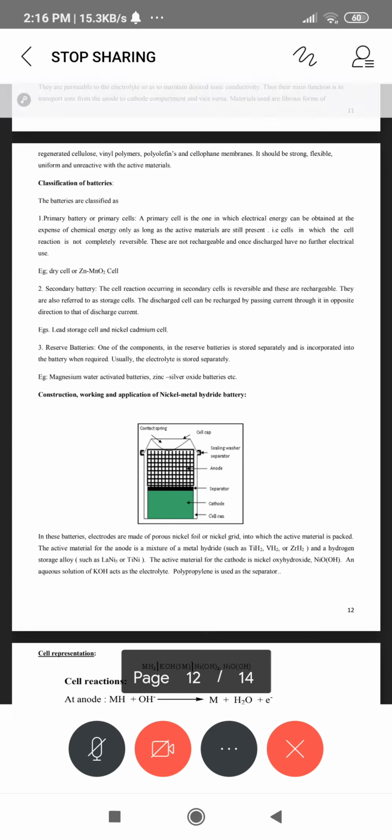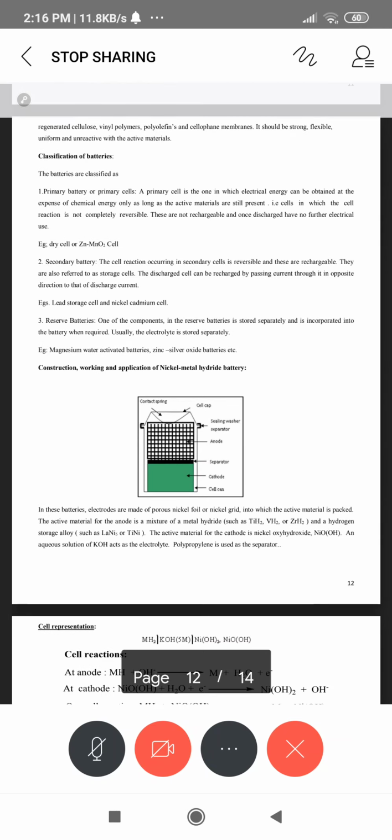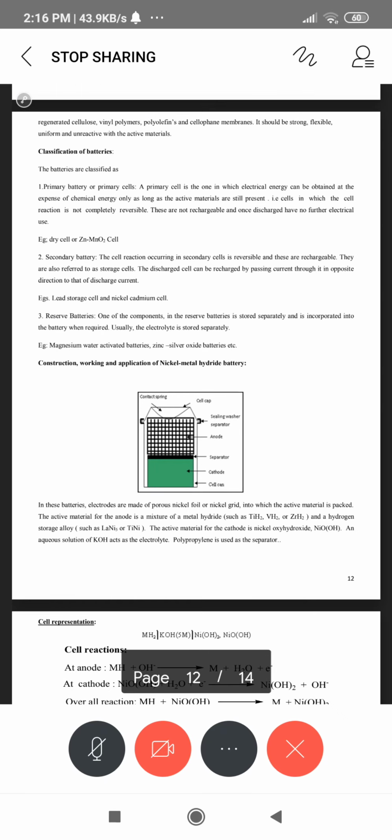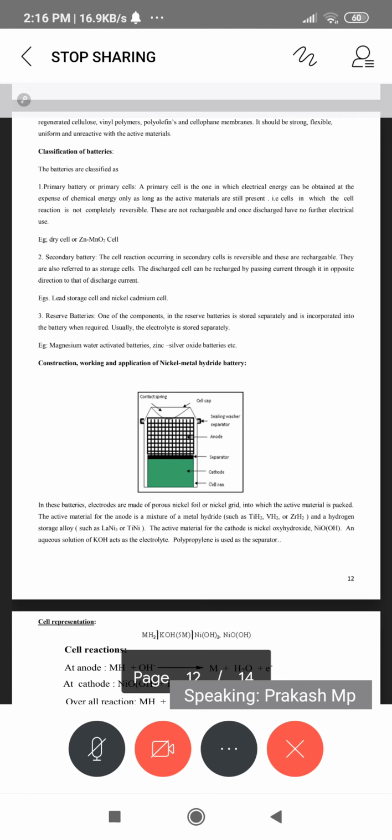It is because of high capacity, sealed construction, cadmium free, long shelf life, long cycle life, more efficiency. All the characteristics which are satisfying and give no short circuit.